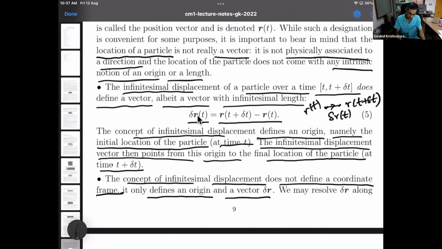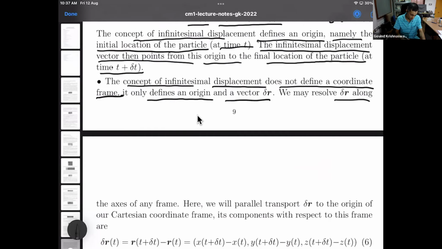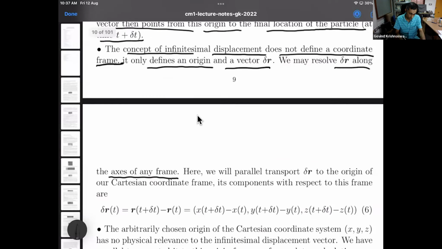However, we may resolve delta r along the axes of any frame of our choosing. So here we will, for convenience, parallel transport. We will choose some pre-specified frame with some origin O. The particle may have been here at time t and then here at t plus delta t. There is some delta r here. We will parallel translate that delta r to the origin just for our convenience.